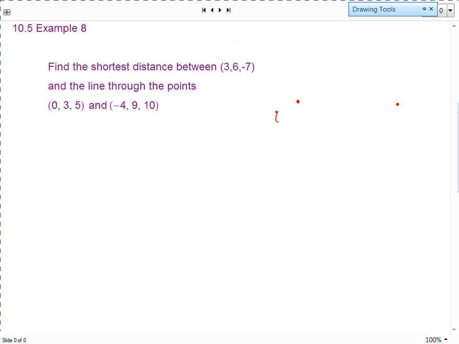I have 2 points that live on my line, 0, 3, 5. And I have another point, negative 4, 9, 10. And then I have the point I'm trying to get to. That's the point 3, 6, negative 7.